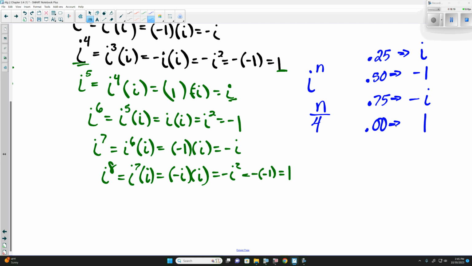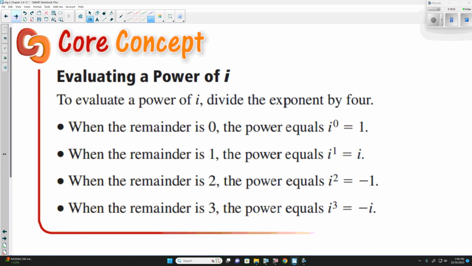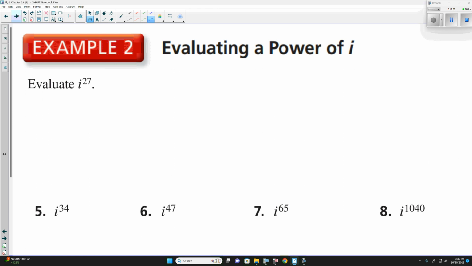Now, most likely when you divide in the calculator and get 0.00, it's not going to actually show you a decimal unless it is set up to do 2 decimal places. But essentially that's what that's saying. Let's look at the first one. I to the 27th.